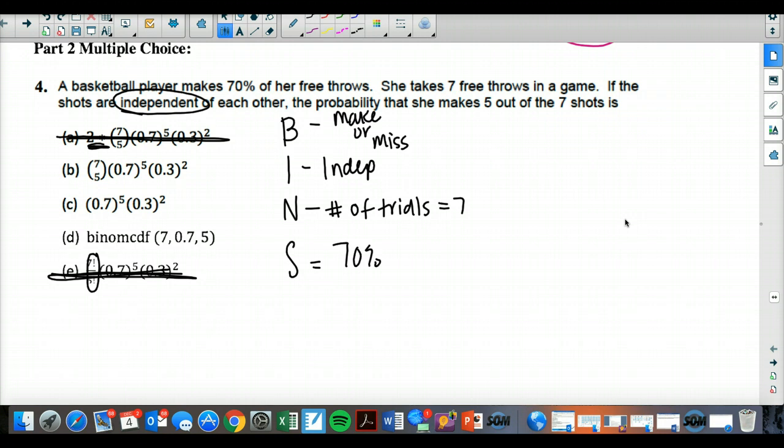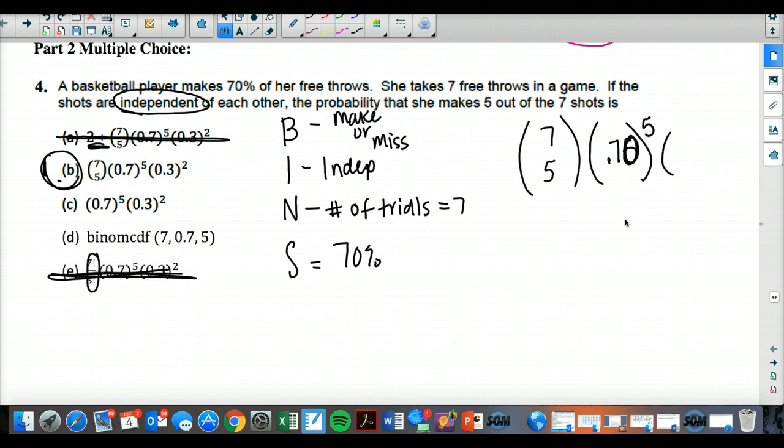And she says the answer is B. We got to vote for B. Yeah? What you got? Are you voting? He said it's B. So there are 7 trials. You want 5 successes. So your success is 0.70 to the 5th power.